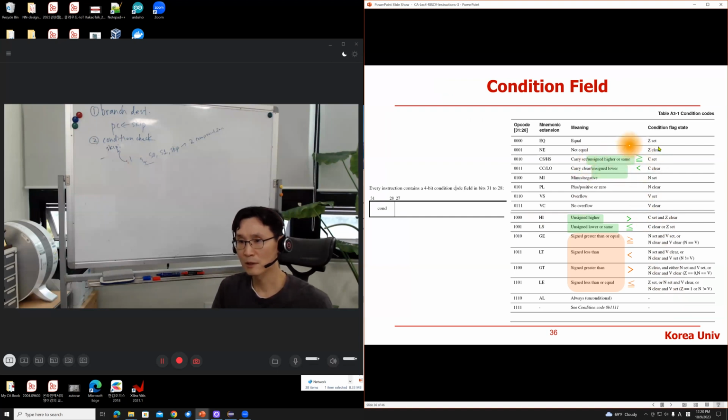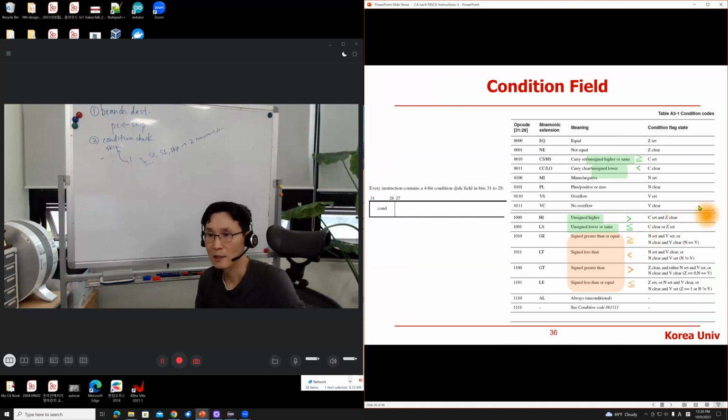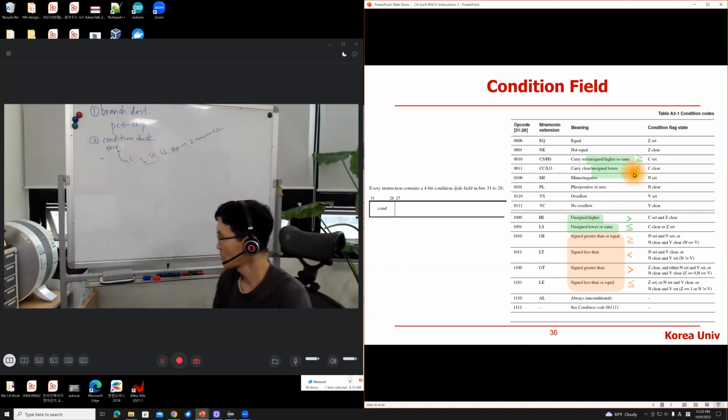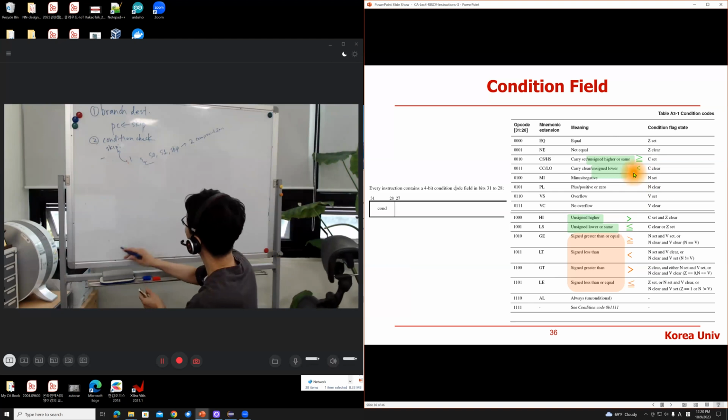The one in green and in orange should be implemented in hardware to check the condition. But let me explain the simple one, higher and lower. This one would be simpler.